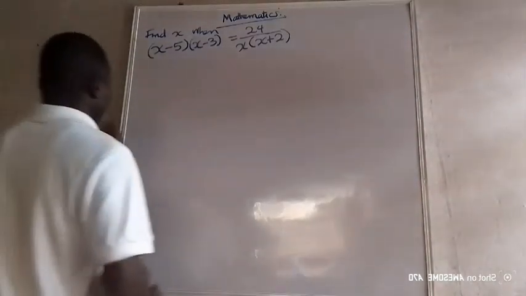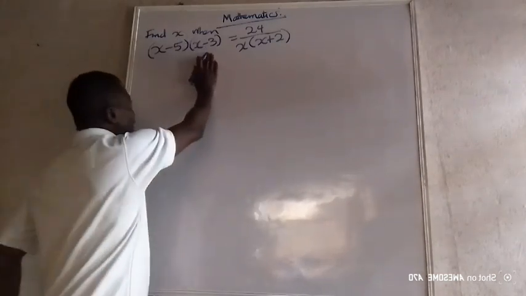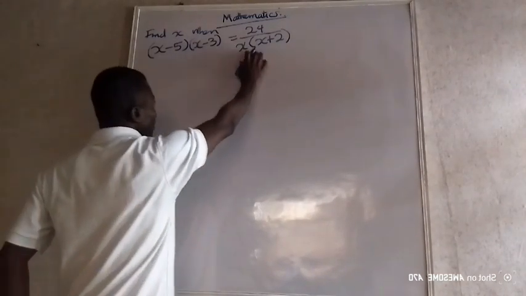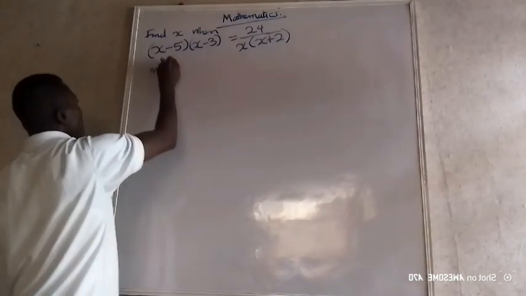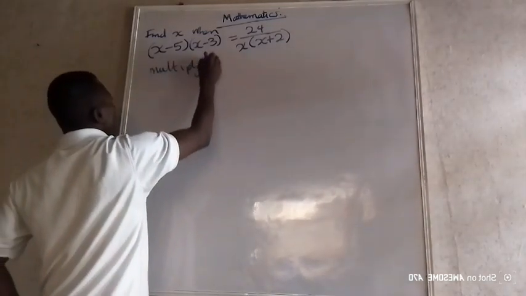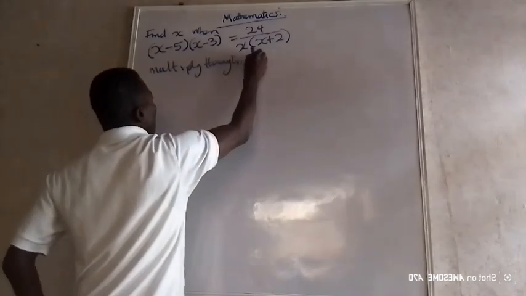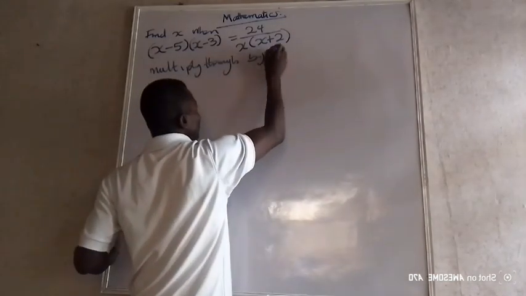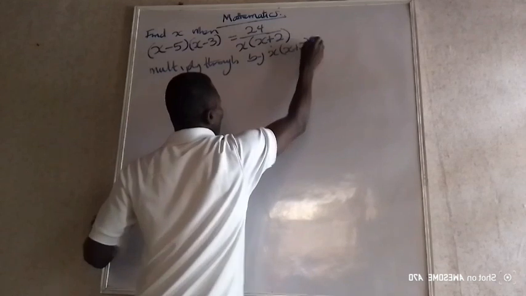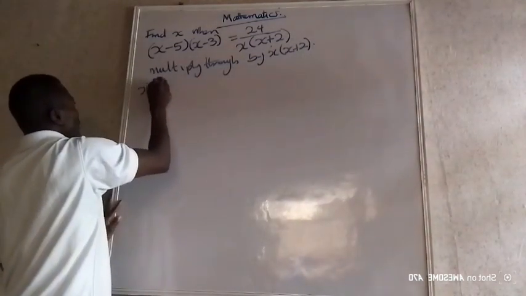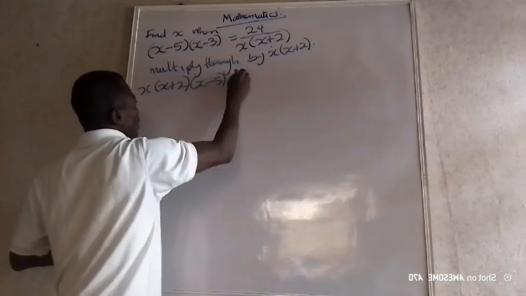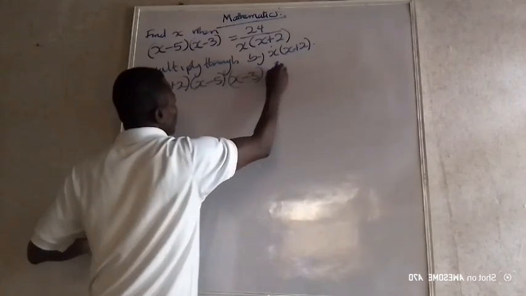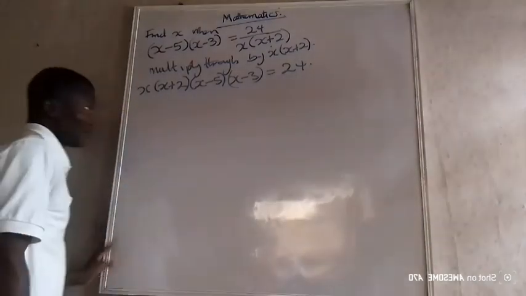Now, let's solve this. (x minus 5) multiplied by (x minus 3) is equal to 24 divided by x multiplied by (x plus 2). Now, let's multiply both sides by x into (x plus 2). So we have x(x plus 2)(x minus 5)(x minus 3) is equal to 24.